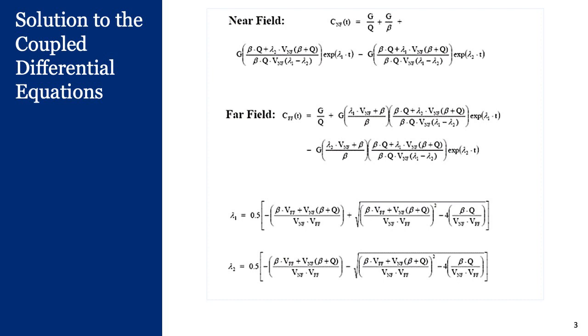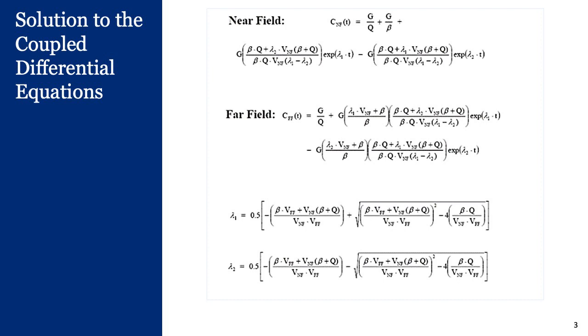So both of these time varying terms in the near field are exponentially decaying terms, although decaying at different rates. So we can think about this and say, okay, what will happen in the steady state, meaning what will happen after a long time has elapsed? Both the time varying terms will asymptotically go down to zero. And what we are left with at this steady state is a near field concentration of G over Q plus G over beta. The other two terms go down to zero.